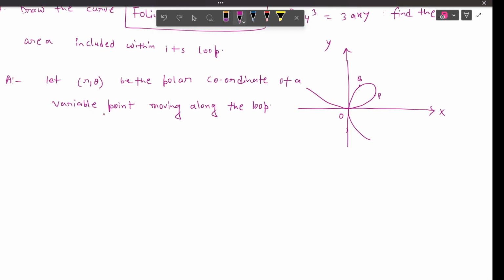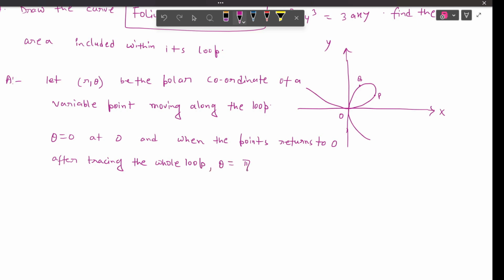Now theta equals 0 at origin O, and when the point returns to O after tracing the whole loop, theta will be pi by 2.